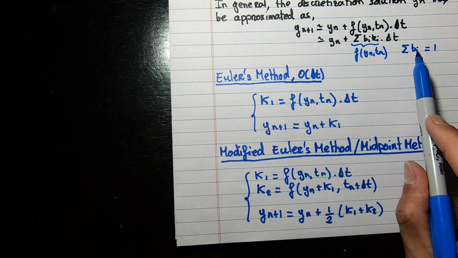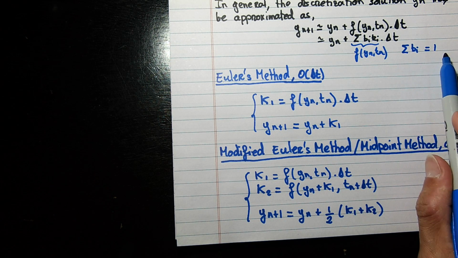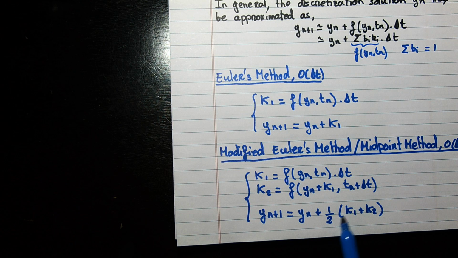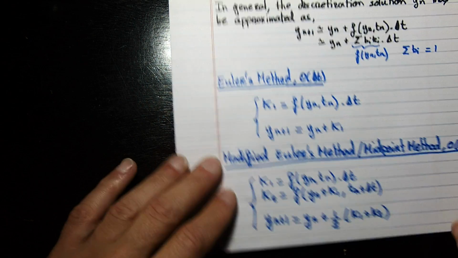Now did you see what I told you here, that this will always be equal to 1? So what do you get here? 1 half plus 1 half equals 1. Okay? Alright, and then we're going to look at two more methods.